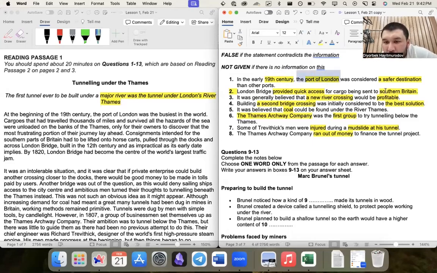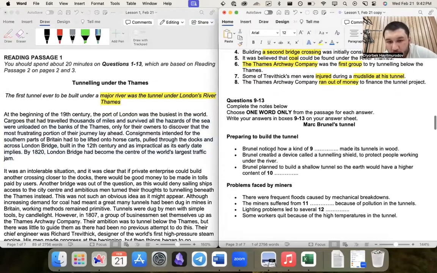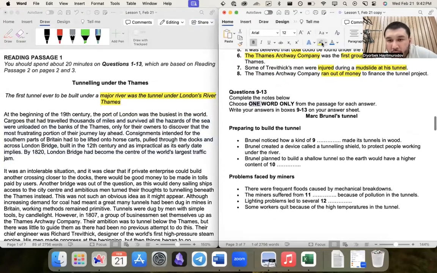In question number 2, it's Southern Britain and London Bridge as well. In question number 3, it's new river crossing and profitable. In question number 4, it's second bridge crossing and the best solution, etc. In each question, I'm finding one word that I cannot miss while I'm reading the text. When I'm reading the text, I will be like, oh, I remember reading this in the question. So that's what we call the keyword. Then one word only, all right?